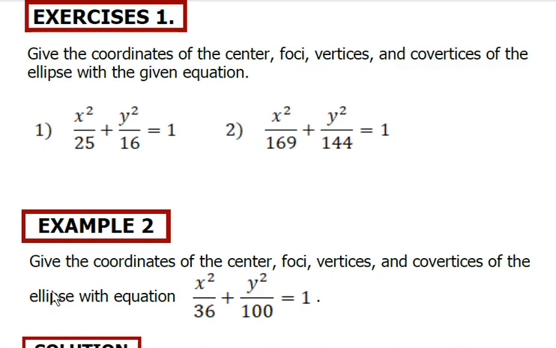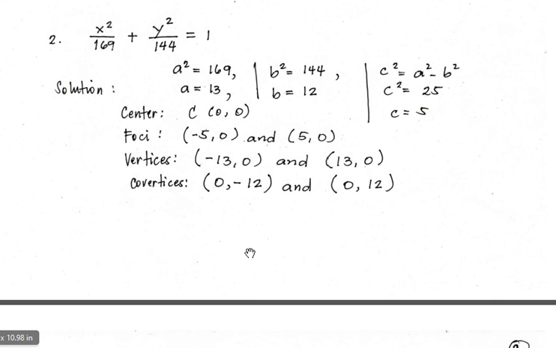Moving on to number 2, we have x squared over 169 plus y squared over 144 equals 1. Solution. Identifying A squared, the bigger denominator is A squared, so it's on the x part still. So we have A squared equals 169, giving us A equals 13. B squared equals 144 will give us B equals 12. Solving for C squared, we have A squared minus B squared.